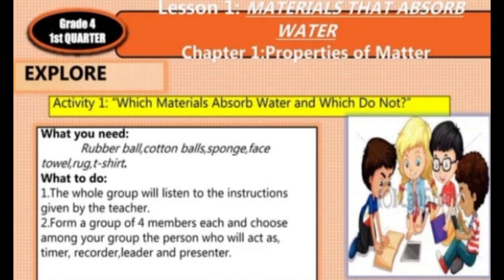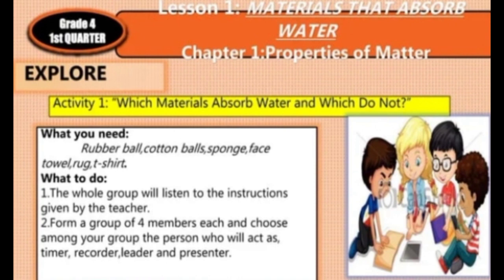So what you need, we have rubber ball, cotton balls, sponge, face towel, rug, and t-shirt. What to do? First, the whole group will listen to the instruction given by the teacher.